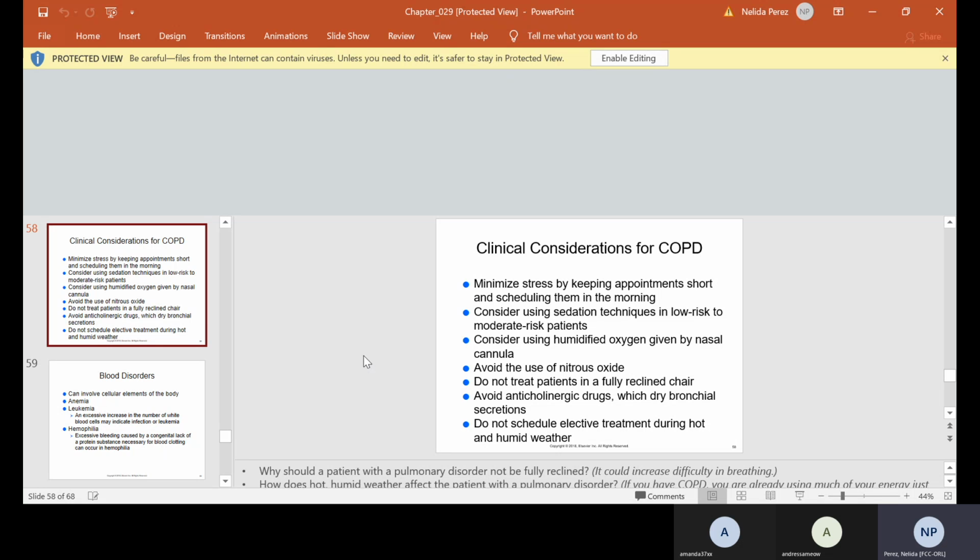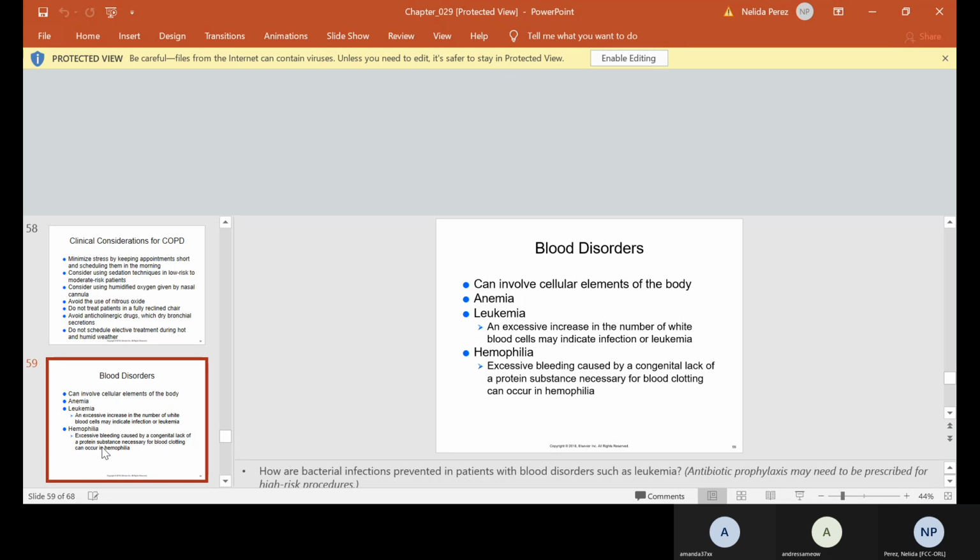Consider using humidified oxygen given by nasal cannula. Avoid the use of nitrous. Do not treat patients in a fully reclined chair. Avoid any anticholinergic drugs which dry bronchial secretions, and do not schedule elective treatment during hot and humid weather.